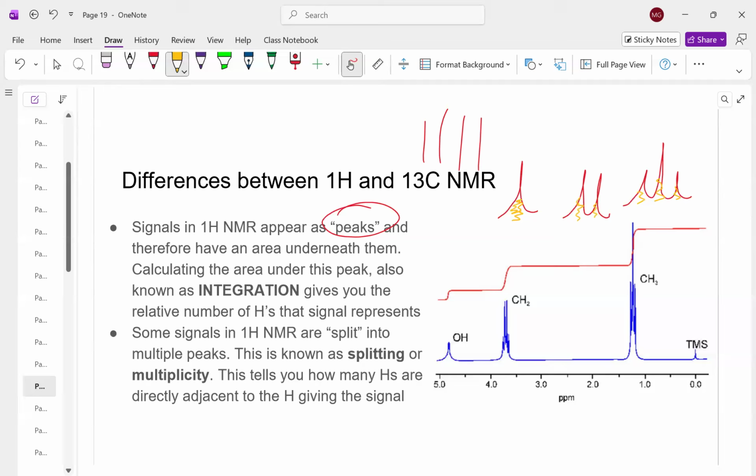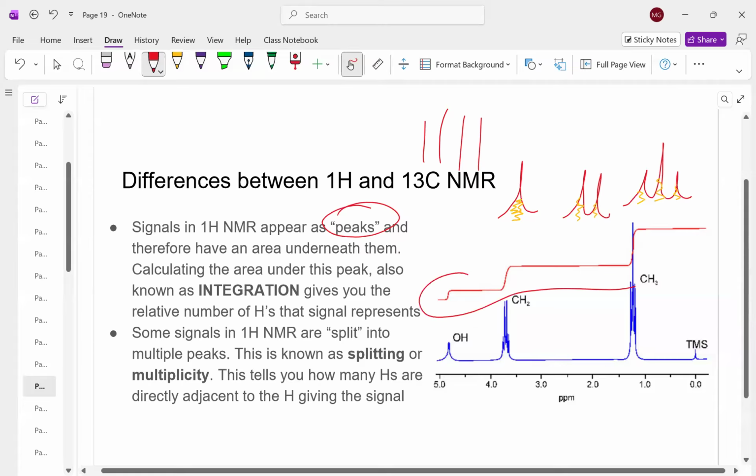That's integration. And one of the ways that we represent integration is with this series of red lines. How high those lines go represents the integration.